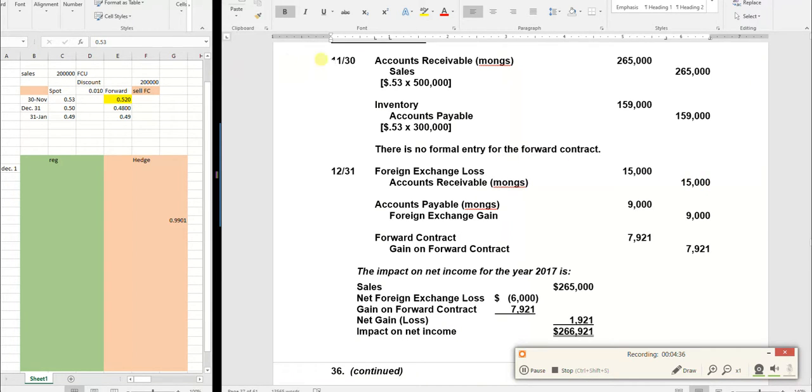Again, feel free to make a T account and put the balance of 265,000 and then 500,000 times 0.50, 250,000, and I need to make it go down, or credit it, by 15,000. My accounts payable is sitting at 0.53. I also need it to go down to 0.50, so I'm going to debit my accounts payable by 9,000. 0.03 times 300,000.